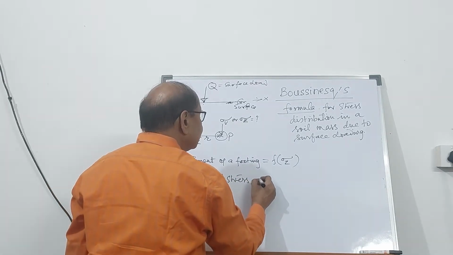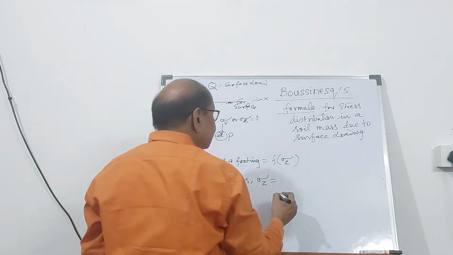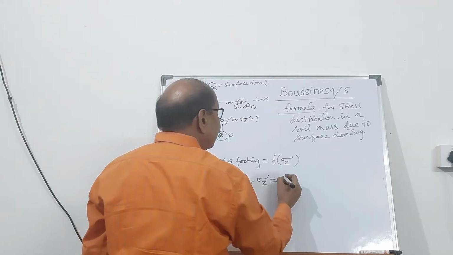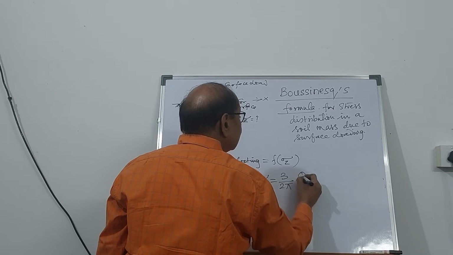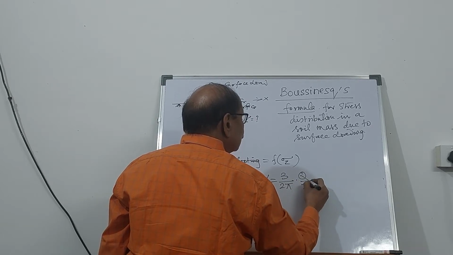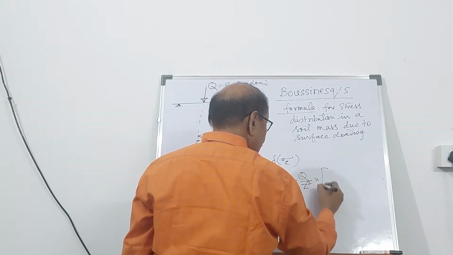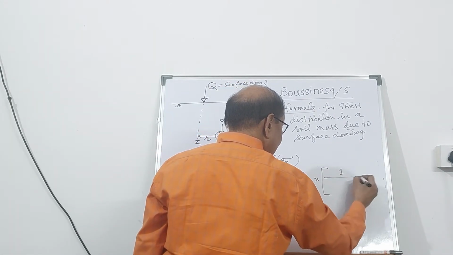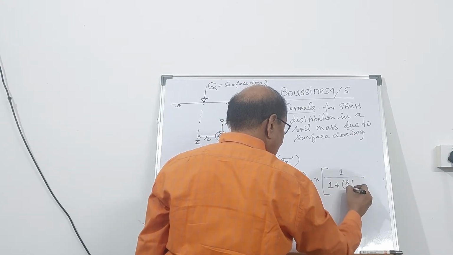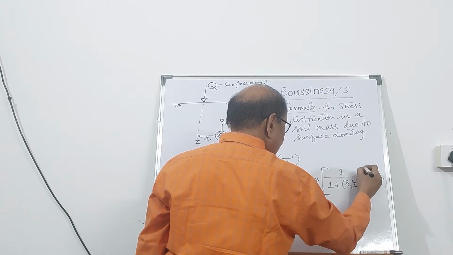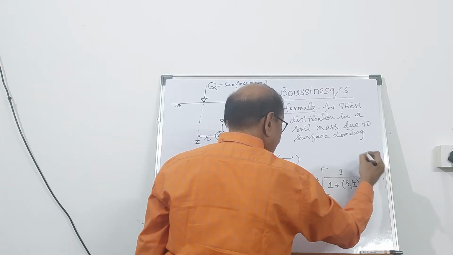The vertical stress sigma z is given by the expression as 3 divided by 2 pi into Q by z square into 1 divided by 1 plus r by z whole square raised to power 5 by 2.